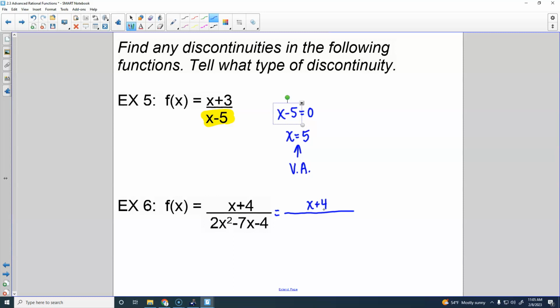Okay. Check with your neighbor, see if they've got it factored. See if you guys factored the denominator the same. Okay.